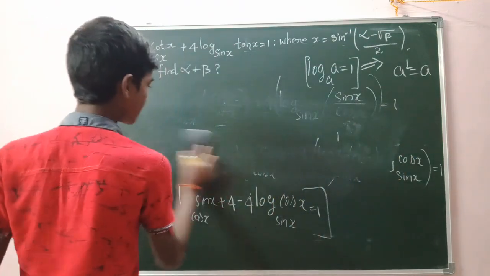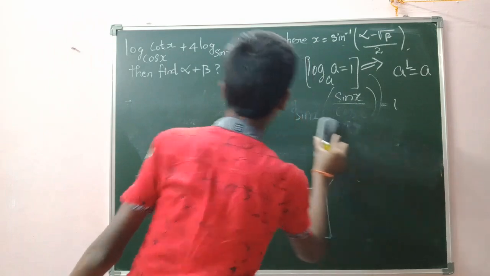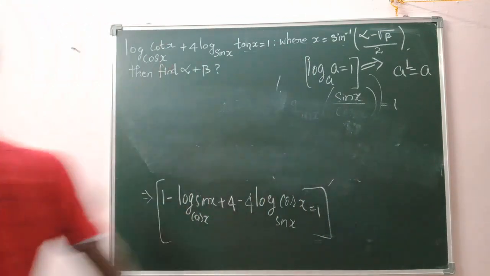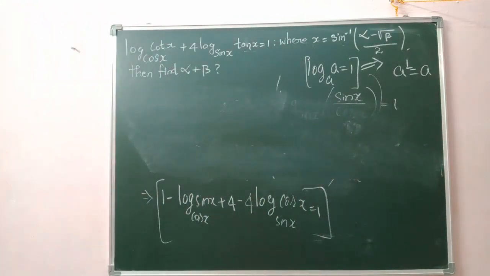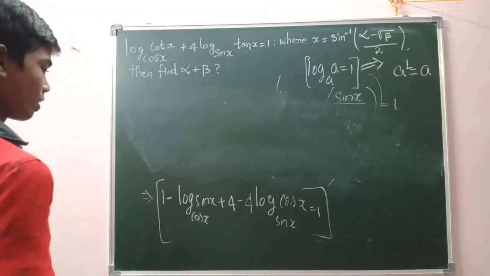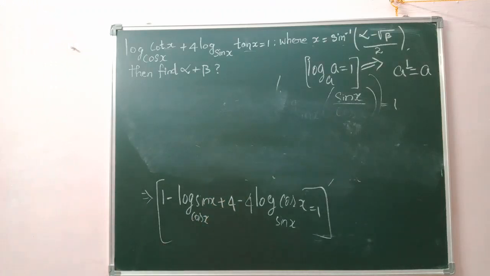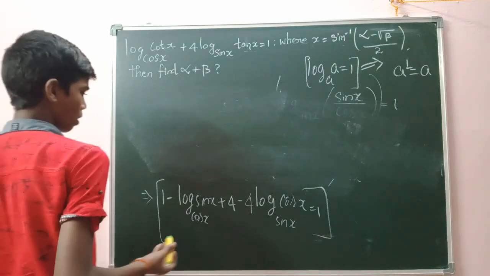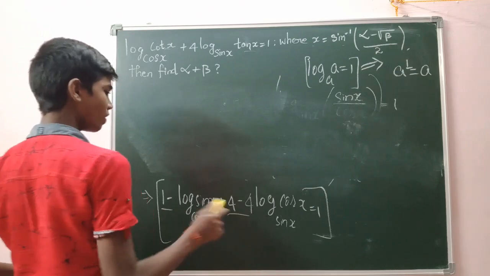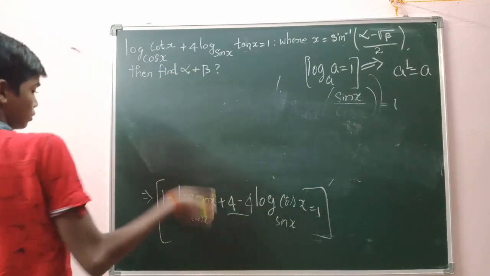So now just try to simplify it more, and then the question becomes easier. So let's listen carefully. 1 plus 4 is equal to 5. So I think everything is right. Yes, 1 plus 4 is 5. So that 1 I can take to the LHS.